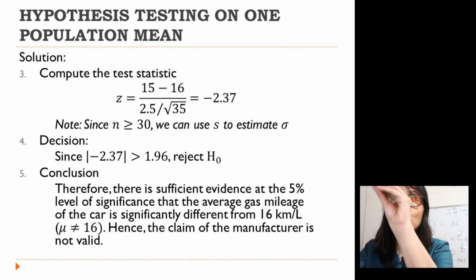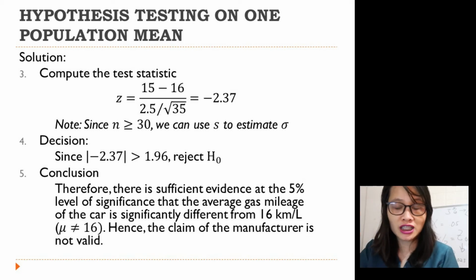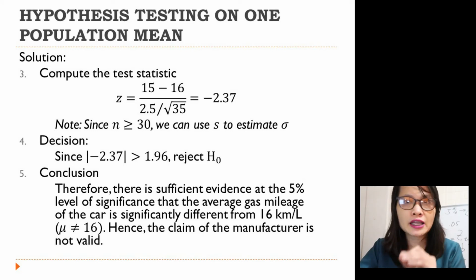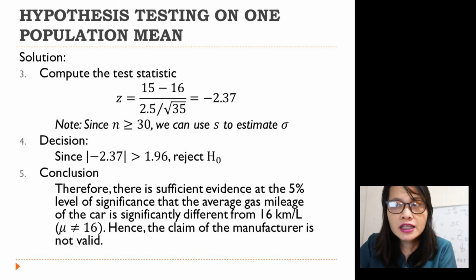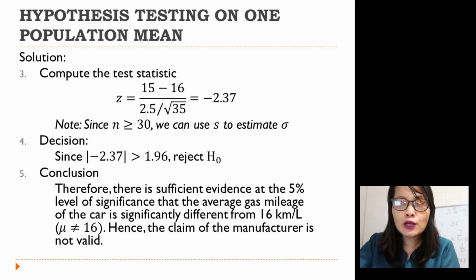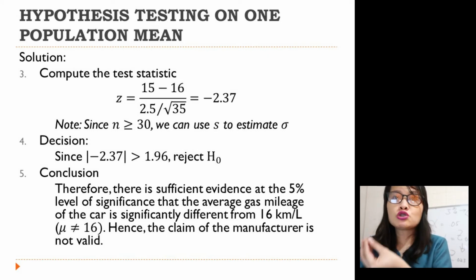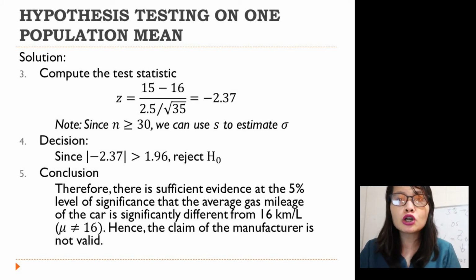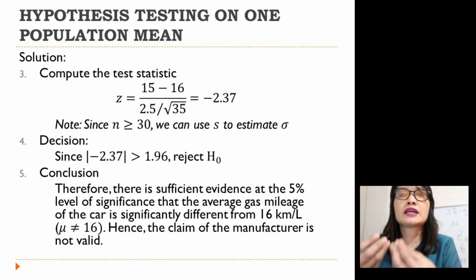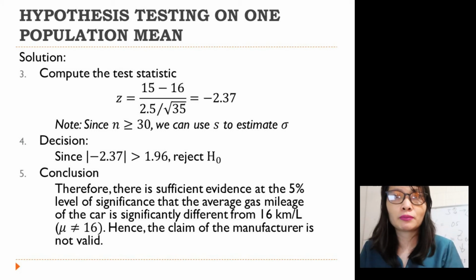Okay, so in the exam, you need to follow the procedures. So number 3, compute the test statistics. So what will be the formula? Note, since n is greater than or equal to 30, we can use S to estimate sigma, if sigma is not given. Kapag hindi daw given yung standard deviation ng population, we can use the standard deviation of the sample. Pwede daw yon.